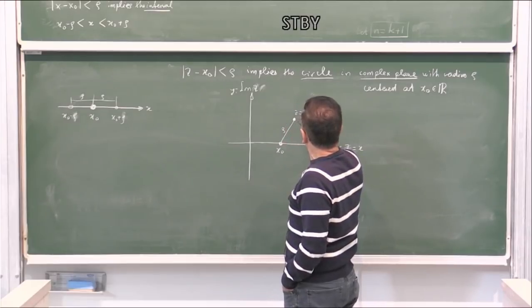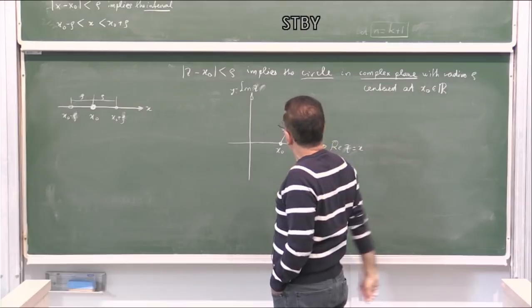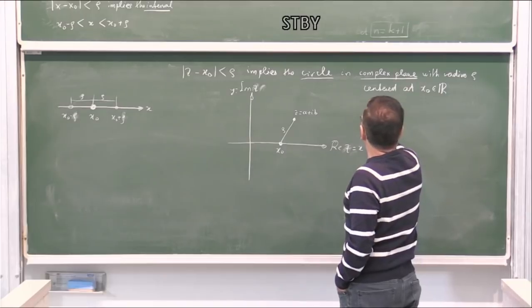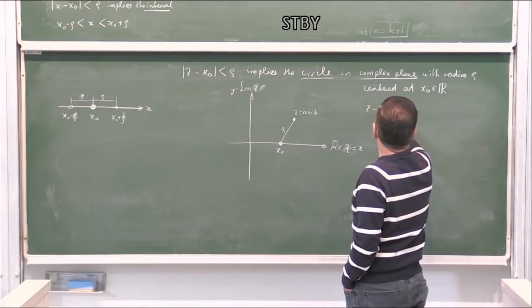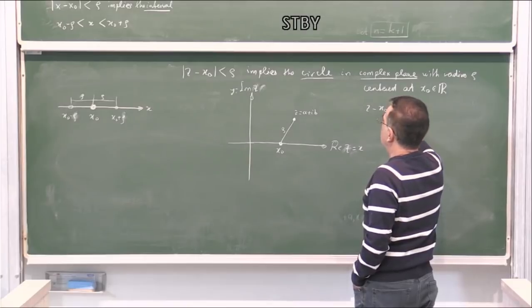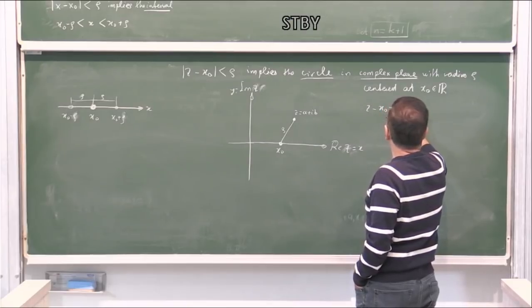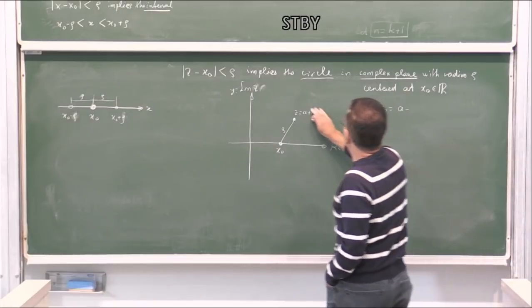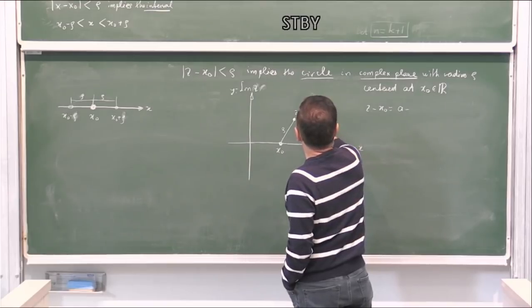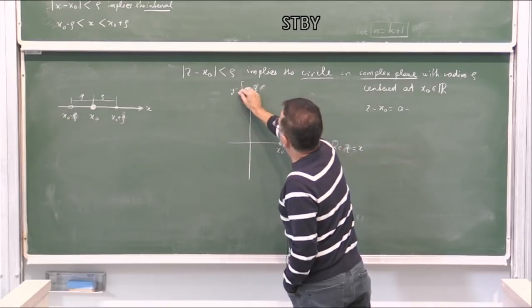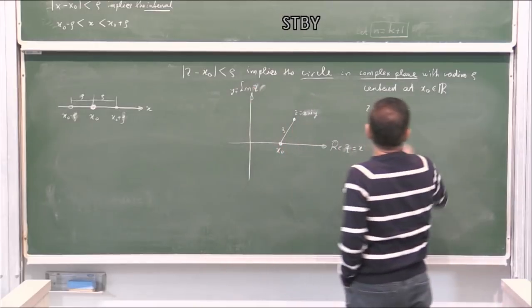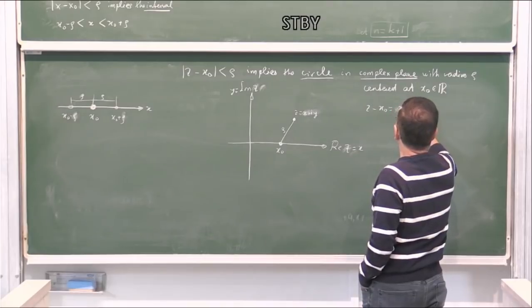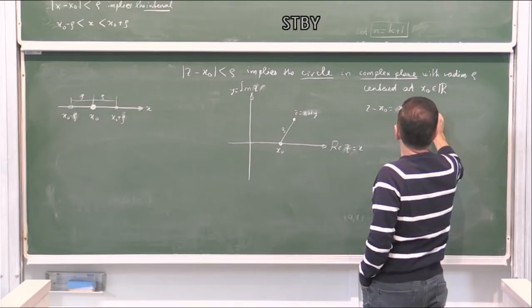Here is a plus ib. Good. And the distance is z minus x0. Let's say z is x plus iy, okay, it is x minus x0 plus iy.